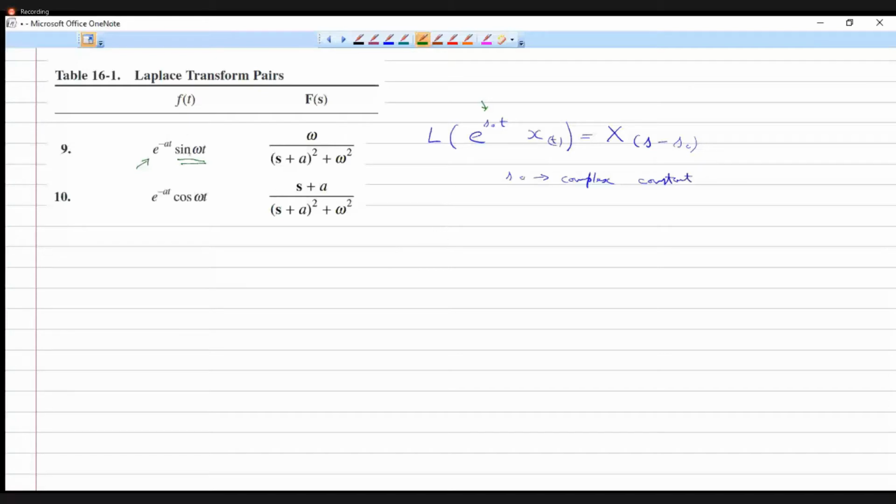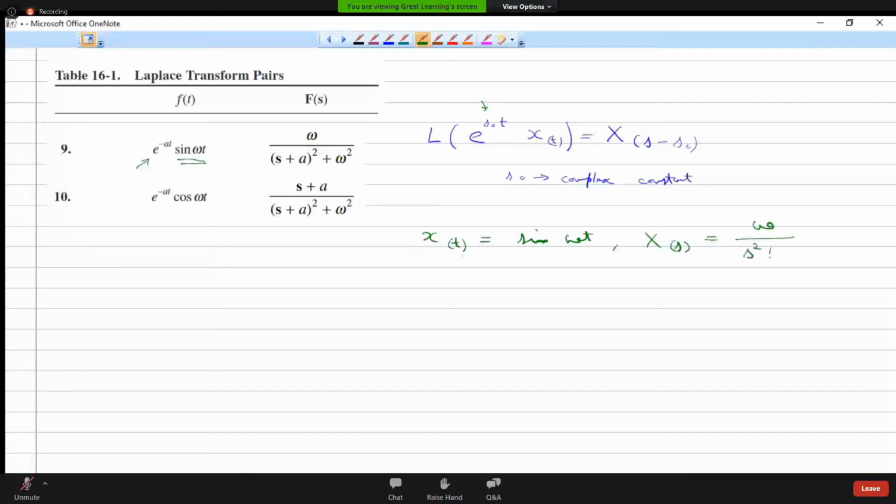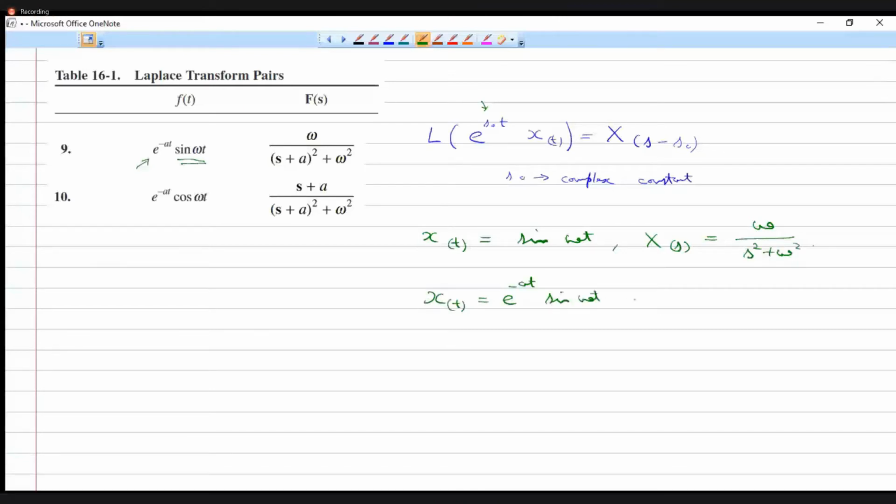For example, let us take this sine omega t case. So here in this case, we are having x of t is equal to sine omega t, for which we already know the Laplace transform, which is omega by s square plus omega square. Okay. Now, what is the Laplace transform of sine omega t multiplied with e power minus at? So our new function is x of t is equal to e power minus at sine omega t. We only have to subtract this, instead of s, just replace.